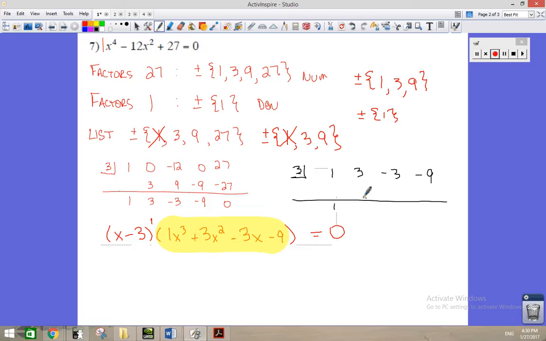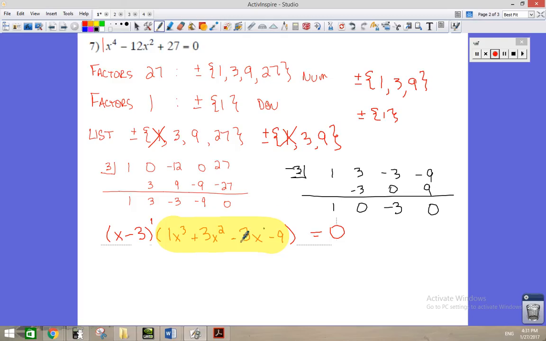So the 1 comes down, 3, 9, 27, 24, 72, and that's not 0. So I can scratch +3 off the list. Let's try -3. Hey, and it works. I've got it.